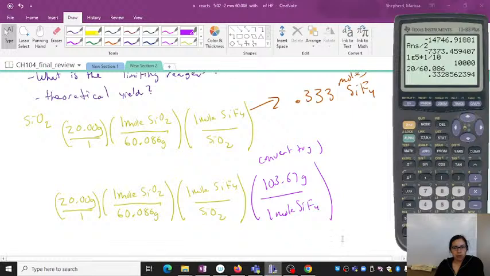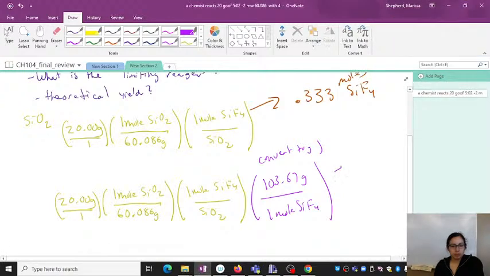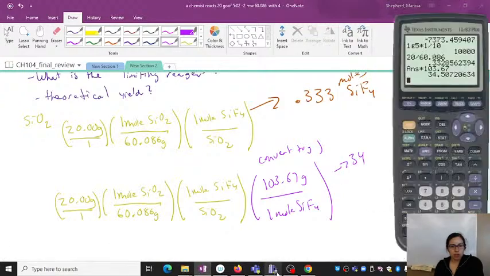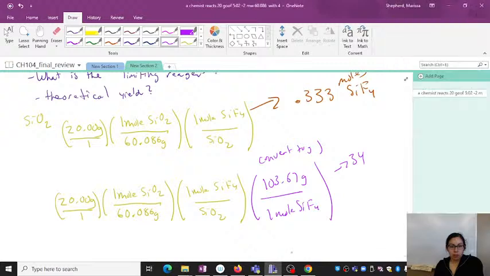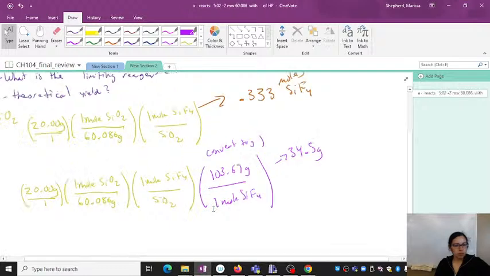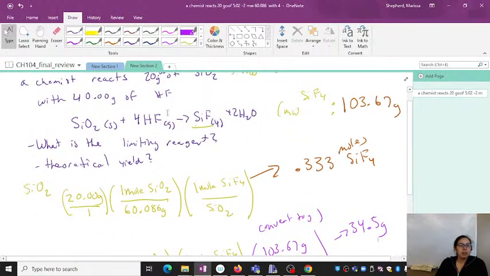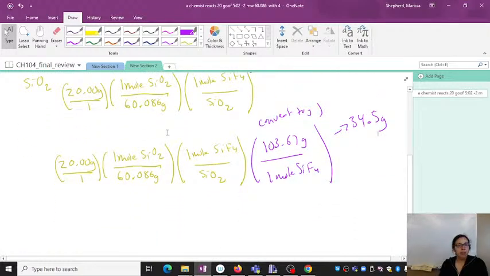So we'll put both answers, 1 and 3. So now it looks like that's 34.5 grams. And so now let's compare this answer to what happens with our 40 grams of HF.